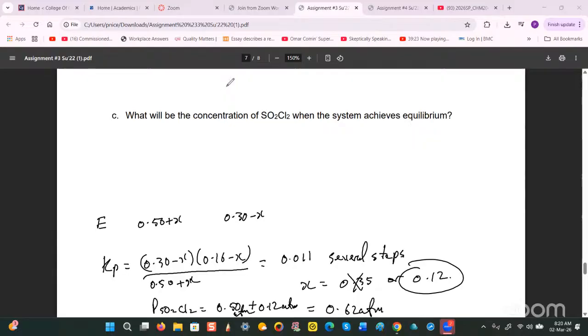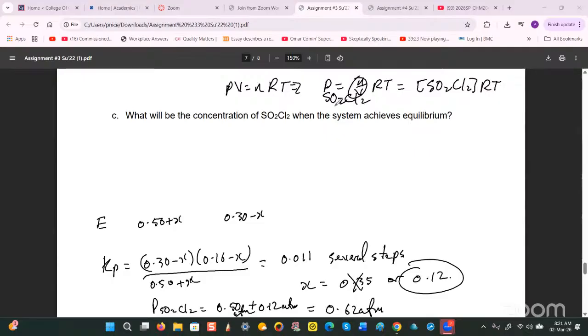PV is equal to nRT, remember that? From your Chem 1. Well, we can rearrange this to get P is equal to n over V times RT, and n over V would be equal to the concentration of SO2Cl2, right? And P will be the pressure of SO2Cl2.